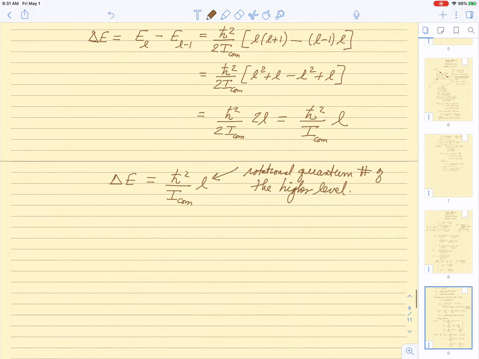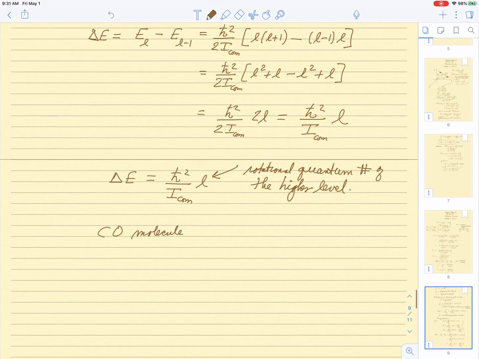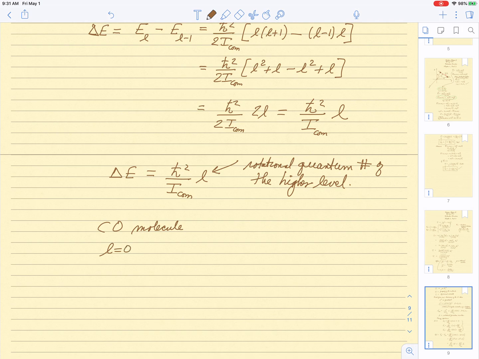So just to get a sense of the electromagnetic radiation that's required for absorption or emitted when rotational quantum levels are changed, let's look at this CO molecule, and let's look at the L equals 0 to the L equals 1 rotational quantum transition.